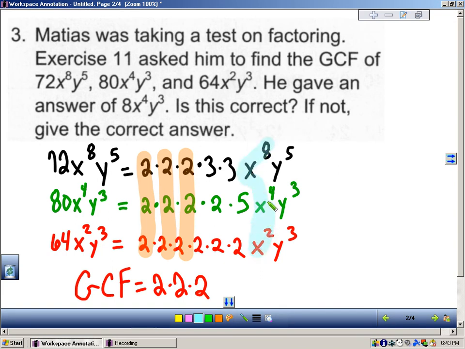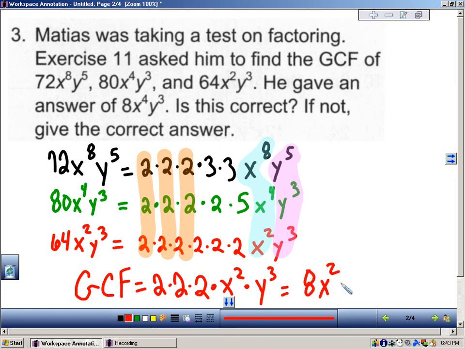The greatest common factor for my x variables would be the lowest power, x squared. And the greatest common factor for my y variables is the lowest power, which would be y to the third power. Multiplying 3, 2 times 2 is 4, 4 times 2 is 8. And this is the correct answer.